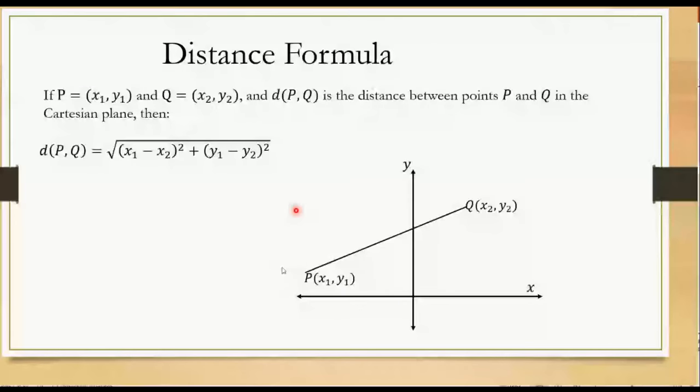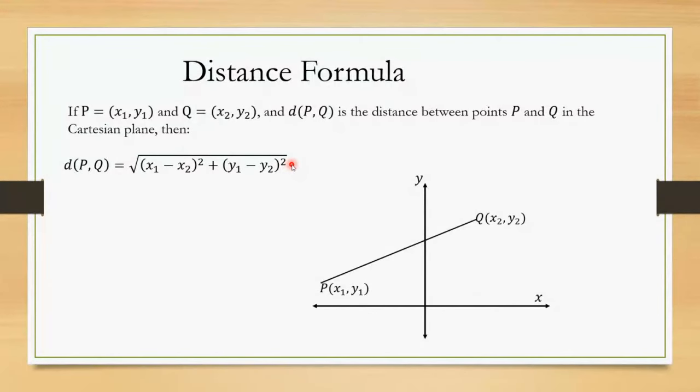Now we get to something really cool, the distance formula. In other words, we're going to be able to determine how far apart two points are in the xy-plane. Basically, it's just by this formula.